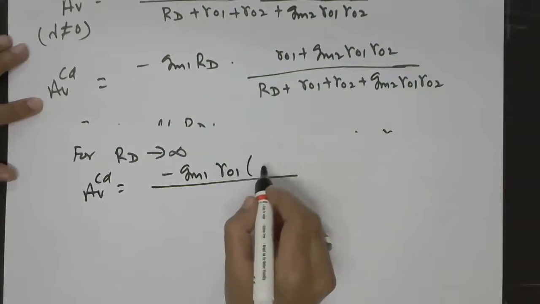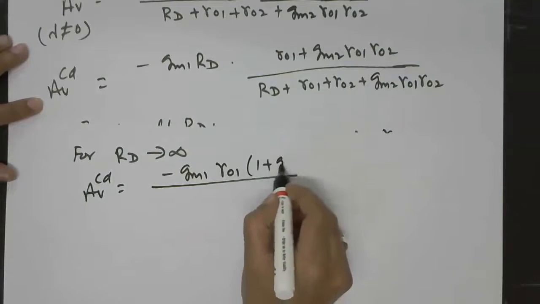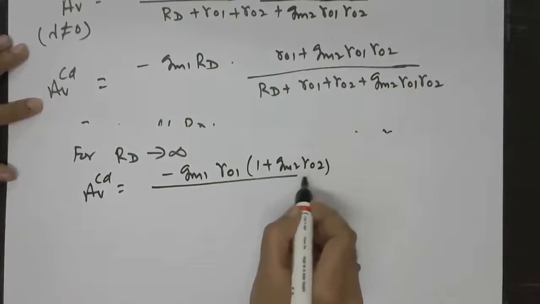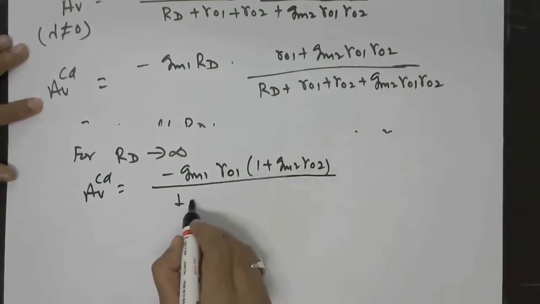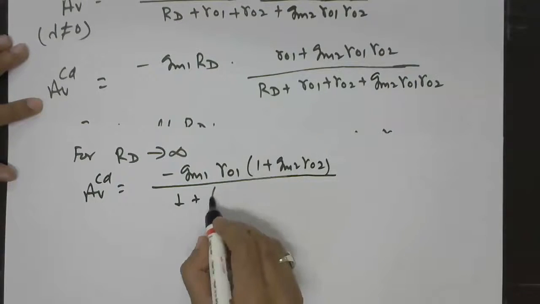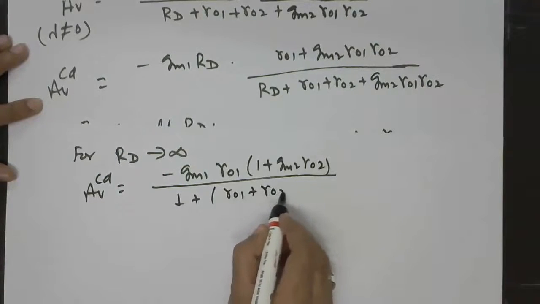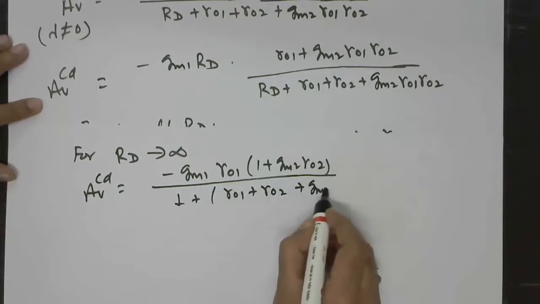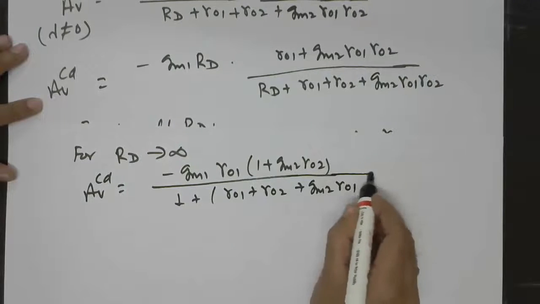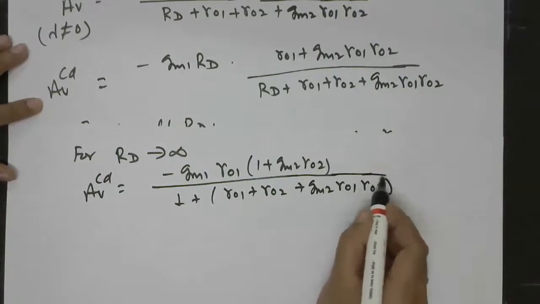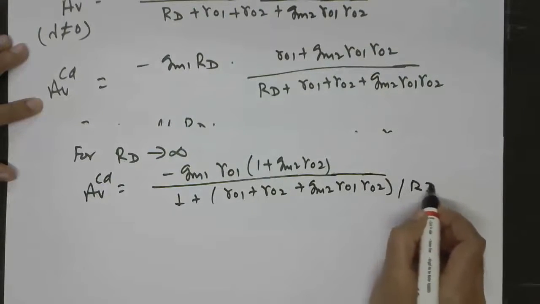So in the numerator we have 1 plus gm2 ro2. In the denominator we have 1 plus ro1 plus ro2 plus gm2 ro1 ro2 divided by RD.